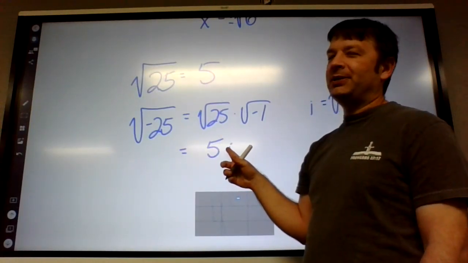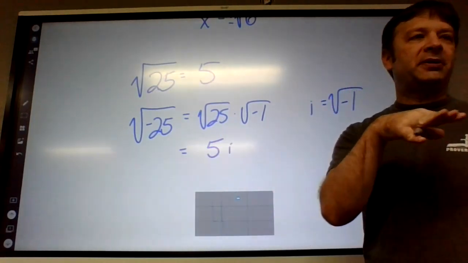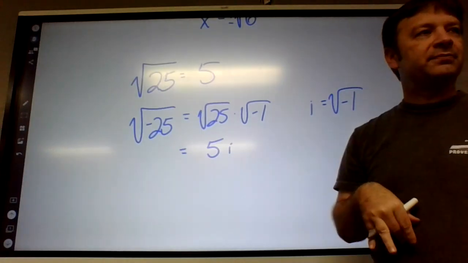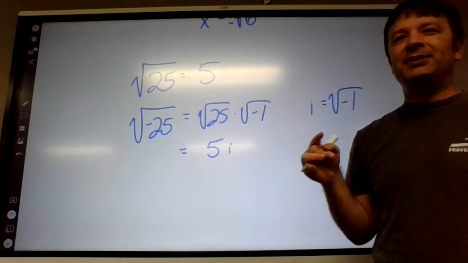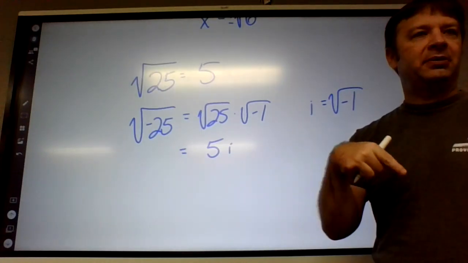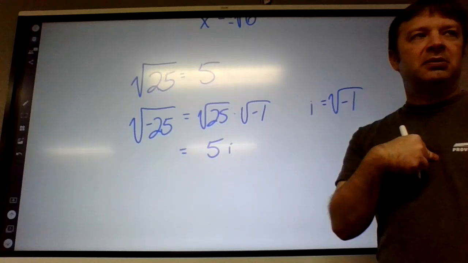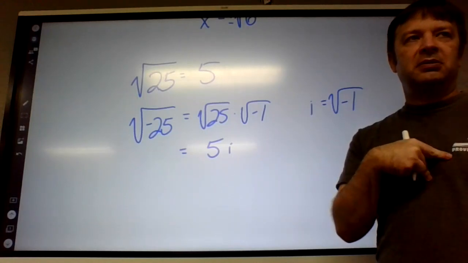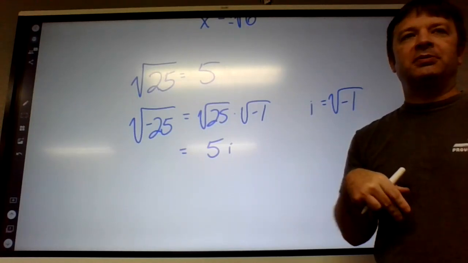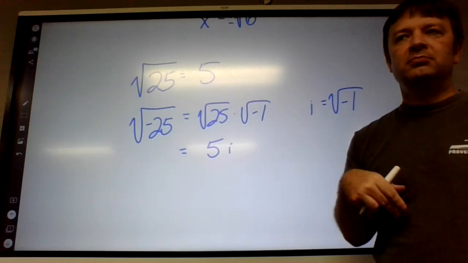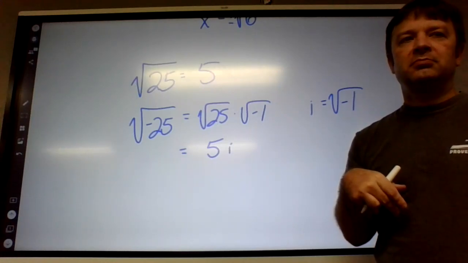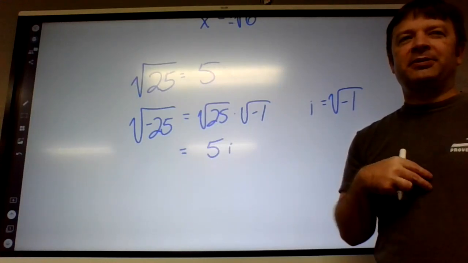A really nice calculator can do these, but I don't think you guys have one. Oh, the white Casios can, the black ones can't. What's the difference? I don't think yours is that nice.